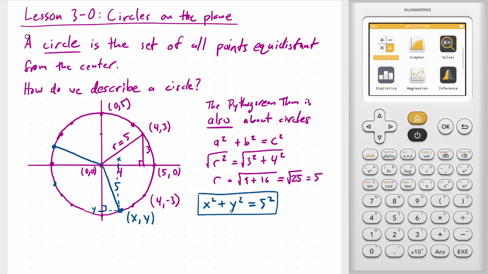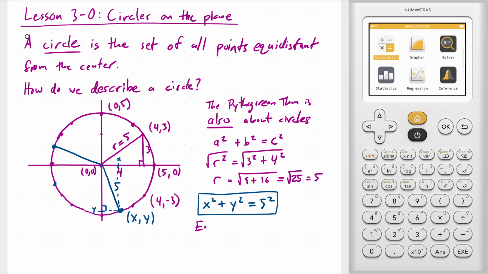So what that means is this equation right here can represent any point all the way around the circle. That's significant.